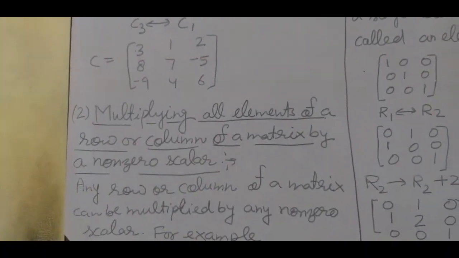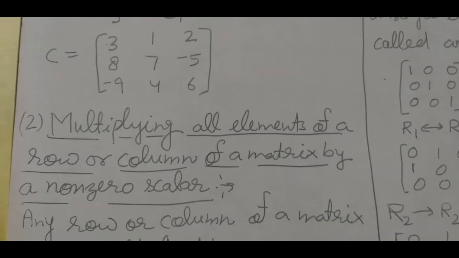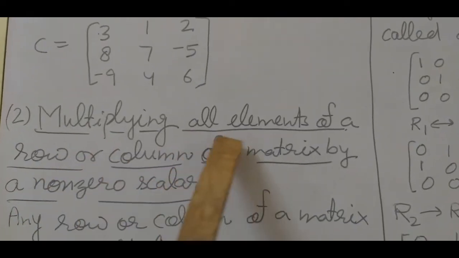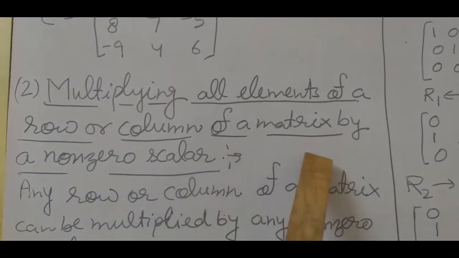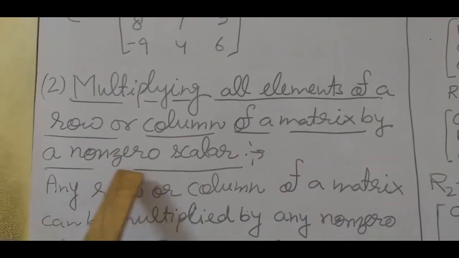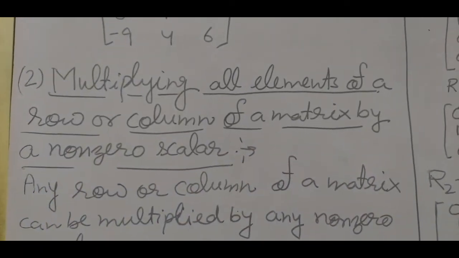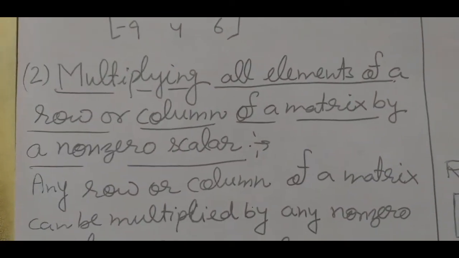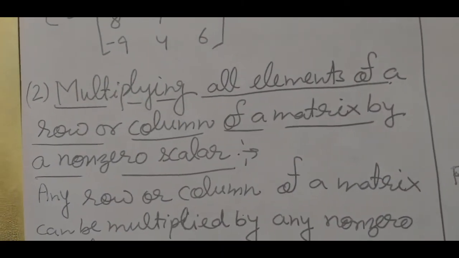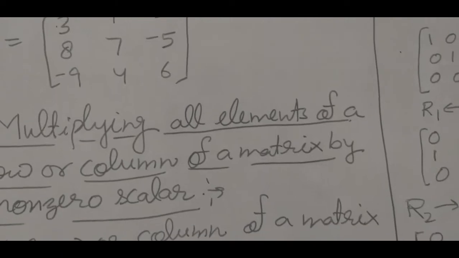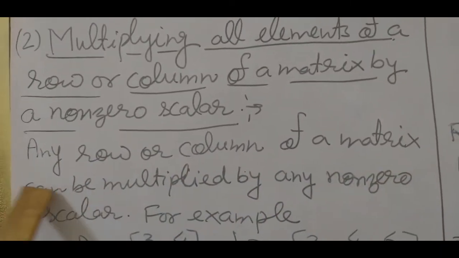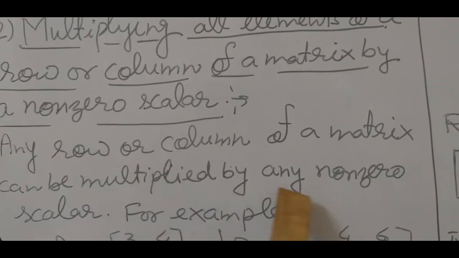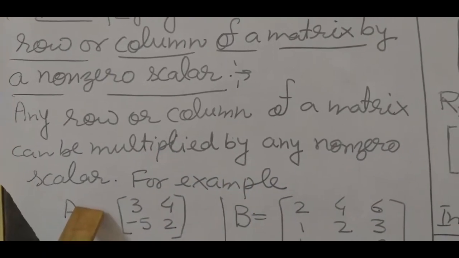Now come to the second operation, student. Multiplying all elements of a row or column of a matrix by a non-zero scalar. Non-zero scalar means any constant value. Any row or column of a matrix can be multiplied by any non-zero scalar.